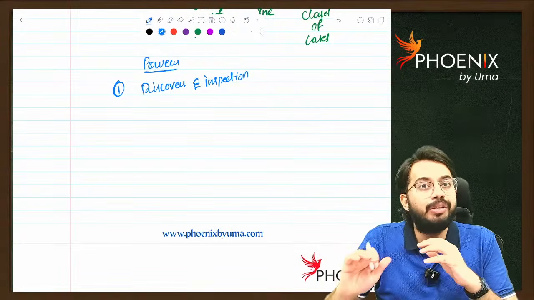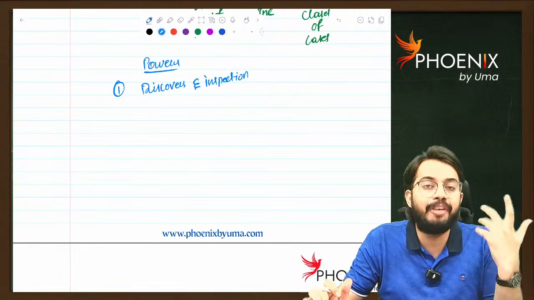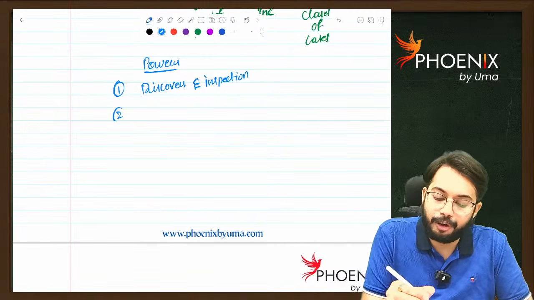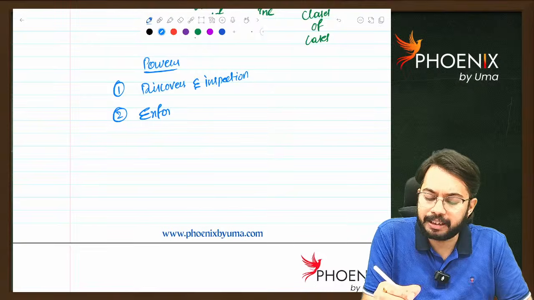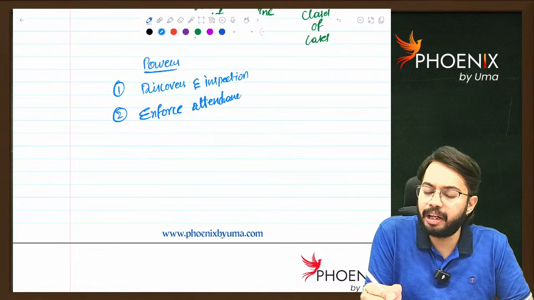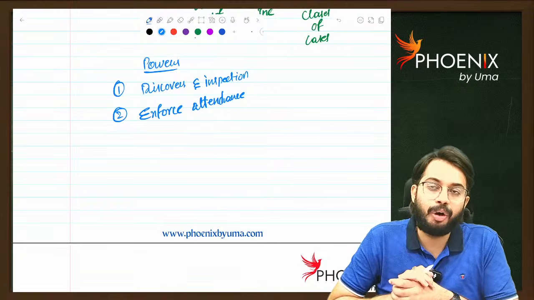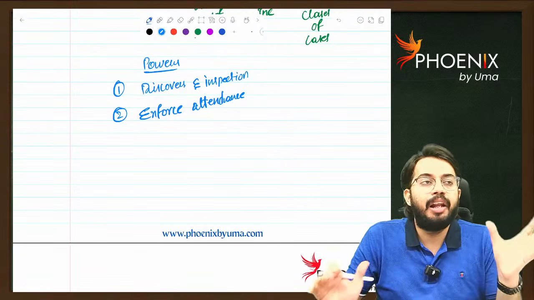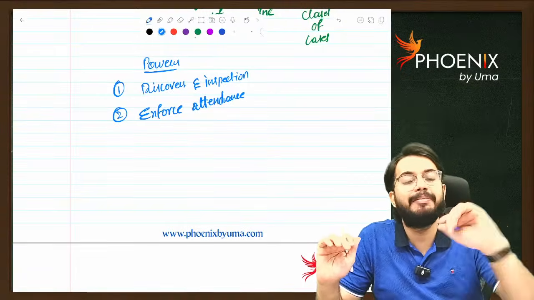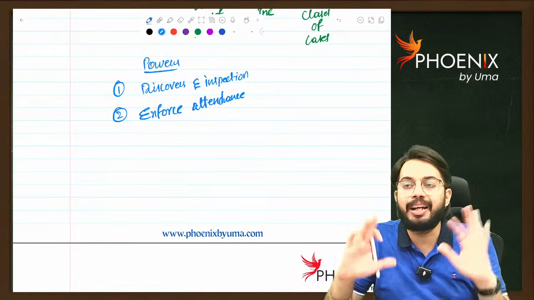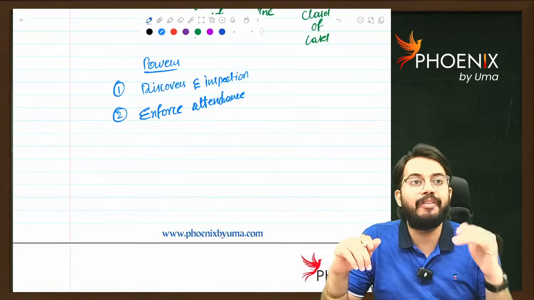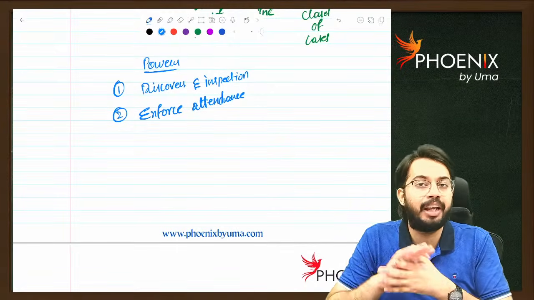I can do discovery, I can also inspect various people in my jurisdiction. Second, I can enforce the attendance of any person, and I will take oath from him. That means, let's say during income tax proceedings, I am suspicious about one person, he is in my jurisdiction. I will call him to my income tax office, I will take oath from him, to check whether whatever he is saying is genuine or not.